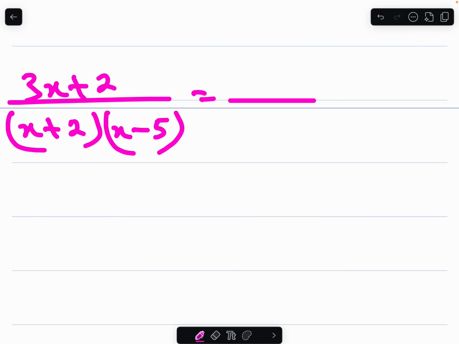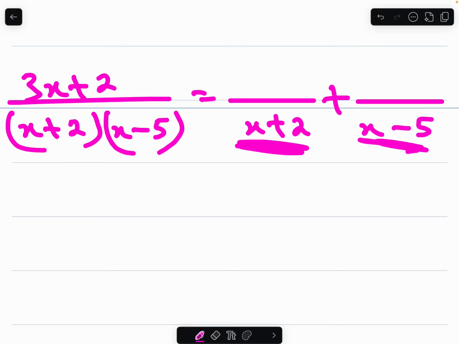The first fraction will have a denominator of x plus 2, and the second fraction will have a denominator of x minus 5. Since the factors are linear, the numerators of their partial fractions will be constants, because a linear expression is a polynomial of degree 1.